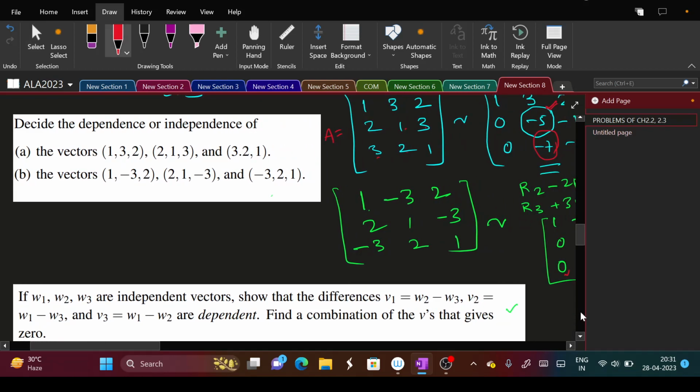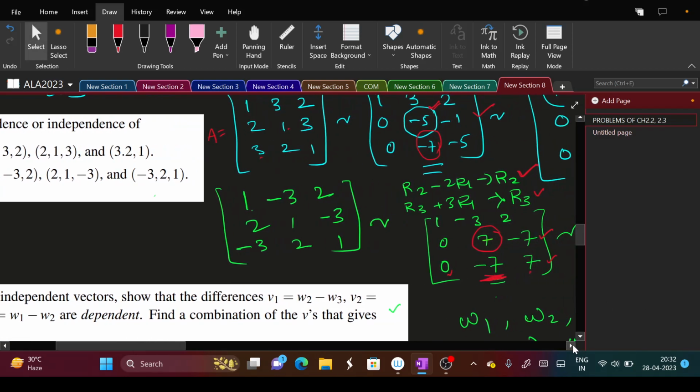So here W1, W2, W3 are linearly independent vectors, so that the differences V1 is equal to W2 minus W3, V2 is equal to W1 minus W3, V3 is equal to W1 minus W2. We must show whether they are independent, and find a combination of the V's that gives 0.